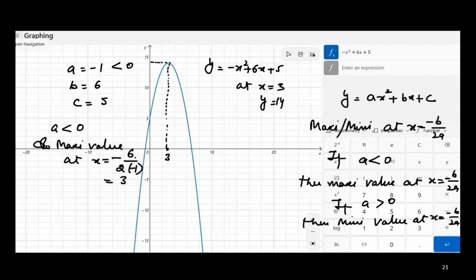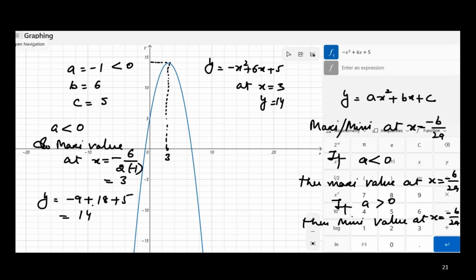We can say that the maximum value is at x equal to 3. And when we put this x in the function, we are replacing x by 3. So minus 9 plus 18 plus 5, it is 14.